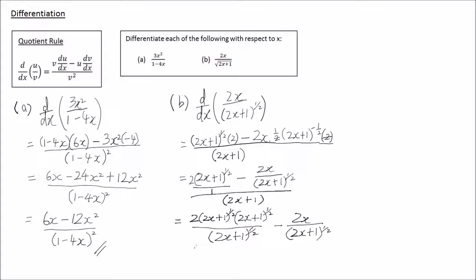And this whole thing is over this bracket. So now, since the denominator here is the same, I can combine them together into a single fraction. Notice that these two brackets are the same, so we just add the powers together. Half add half will give you 1.